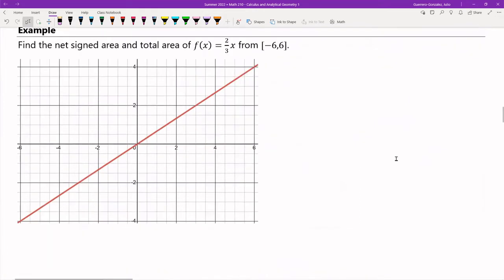Okay. So what I want to do now is let me go ahead and do out the example that I gave you guys as a quick check. Okay. So let's say we wanted to find the net signed area, right, and the total area. So let's do the net signed area first, right?